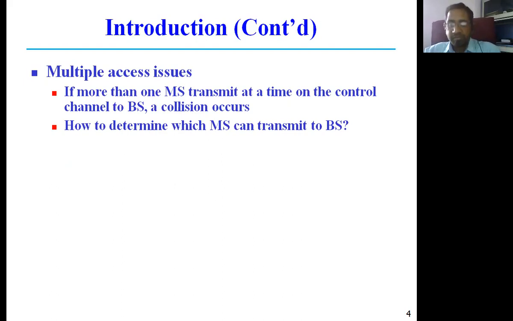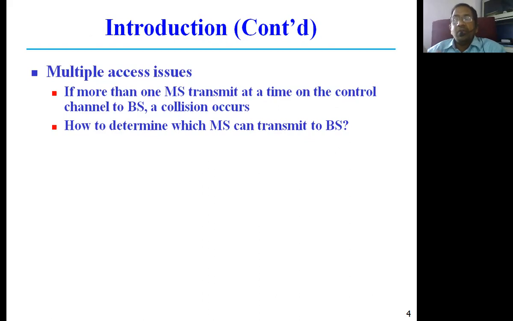At a single point of time, when more than one mobile station transmits its data to a base station, the collision is going to occur. So how to determine which mobile station can transmit to the base station is a main important performance bottleneck for us.